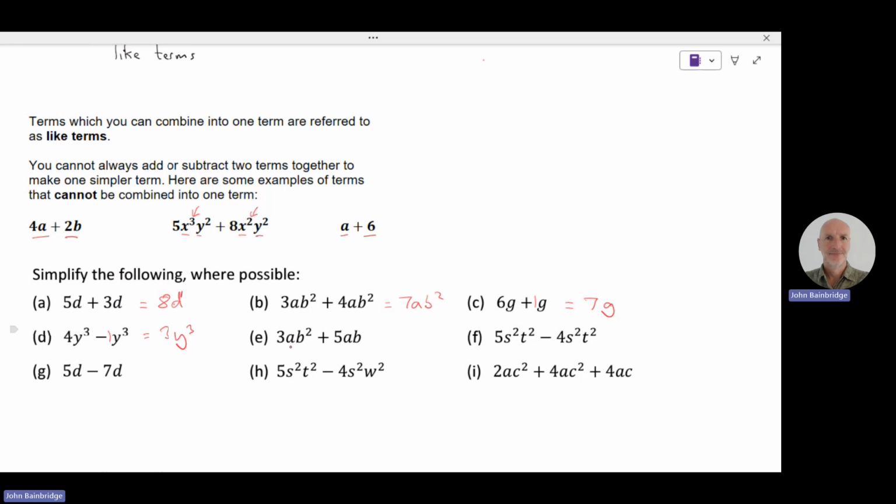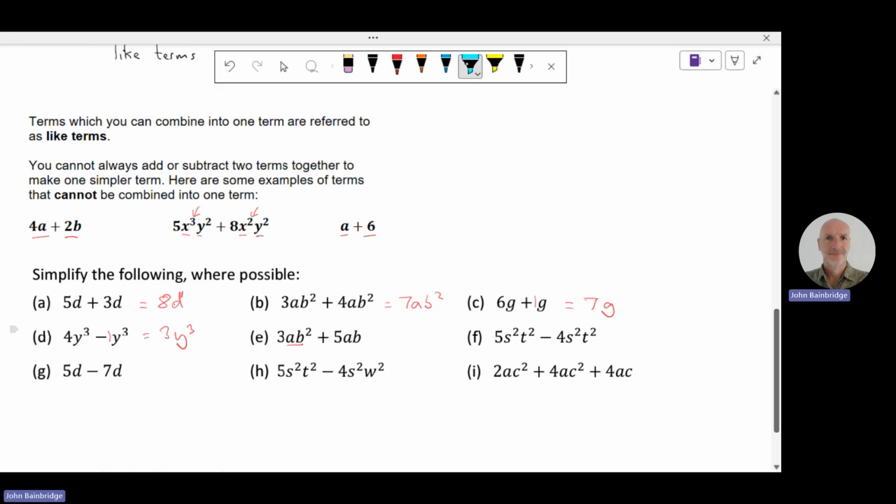Now here they've both got ab, but this is b squared and this is b on its own. So I'll just highlight that with blue to indicate that you can't simplify that one.